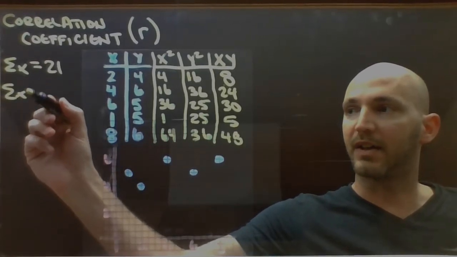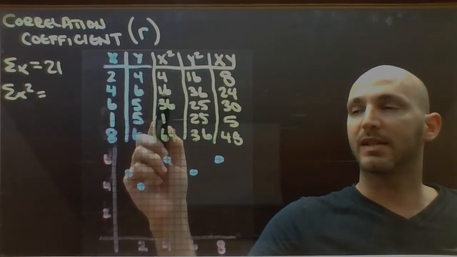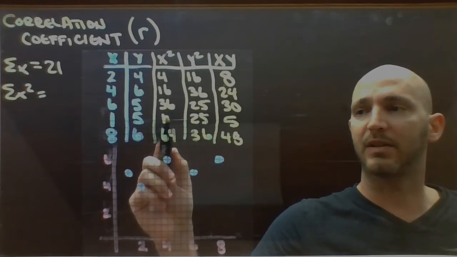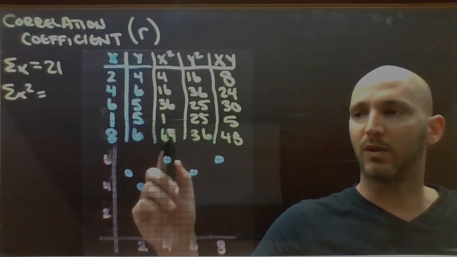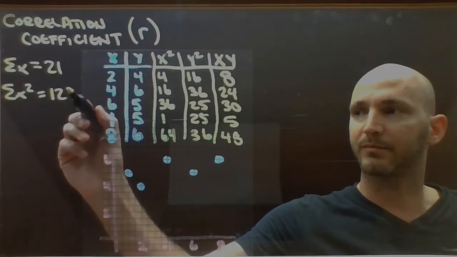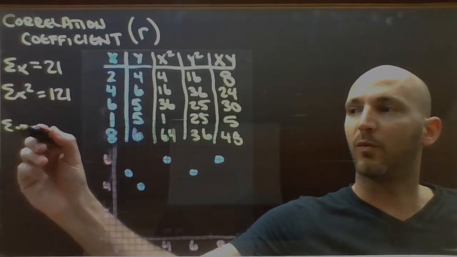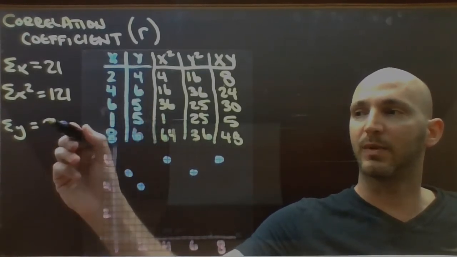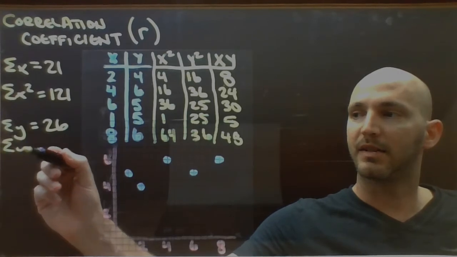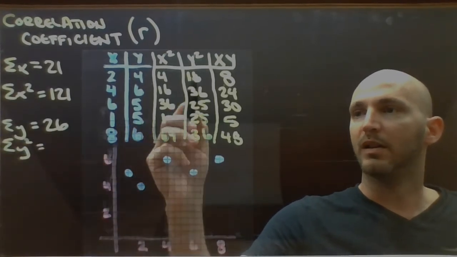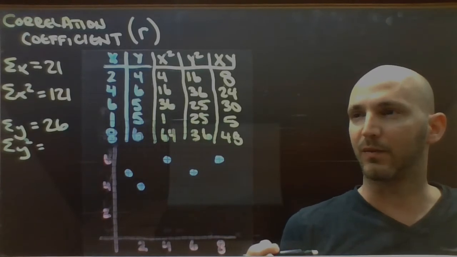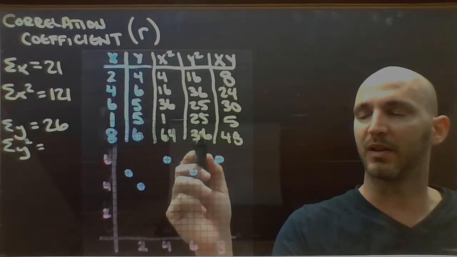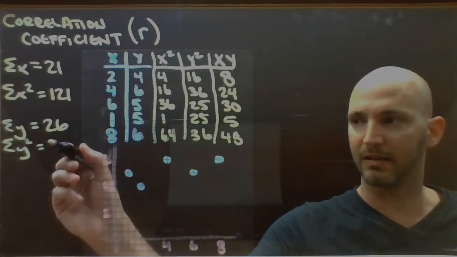The sum of my x values squared is 4 and 16 is 20, plus 36 is 56, 57, 61, 121. My sum of y, 4 and 6 is 10, and another 10 and 6 is 26. Sum of y squared, 16 and 36 is 52, plus another 50 is 102, plus 36 is 138.